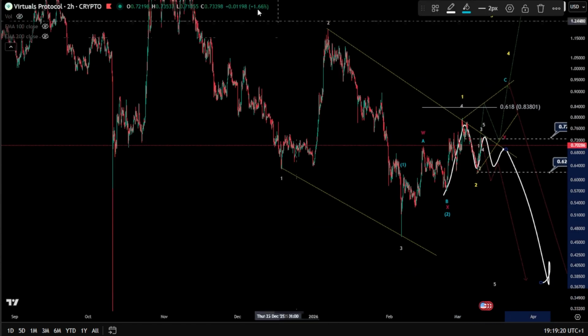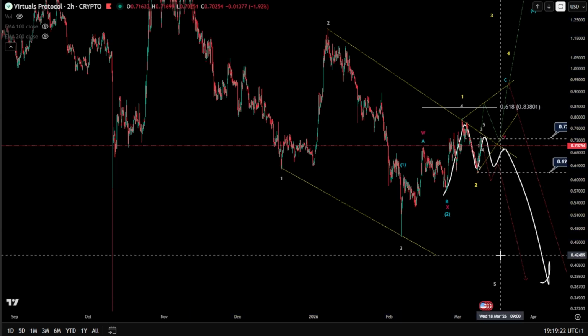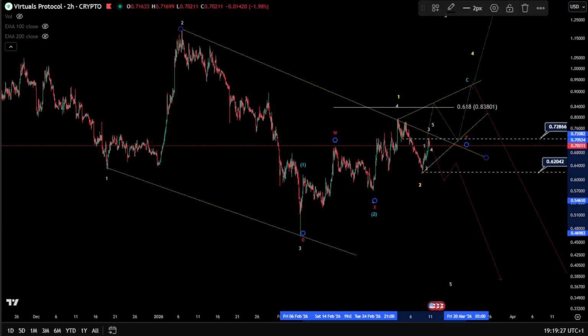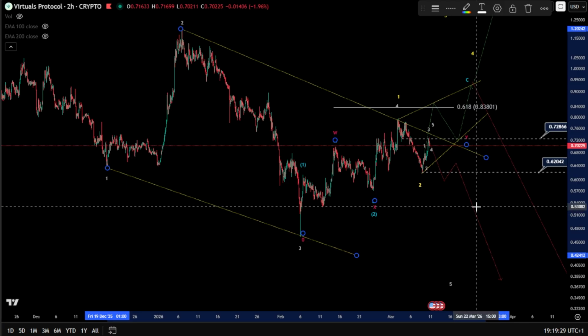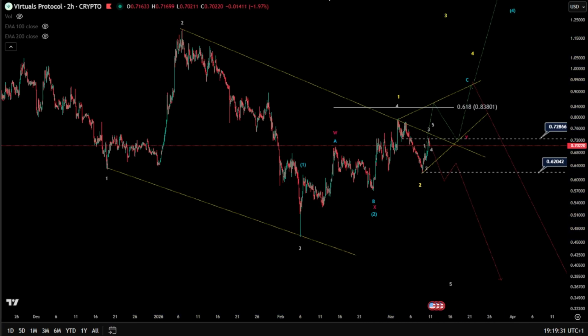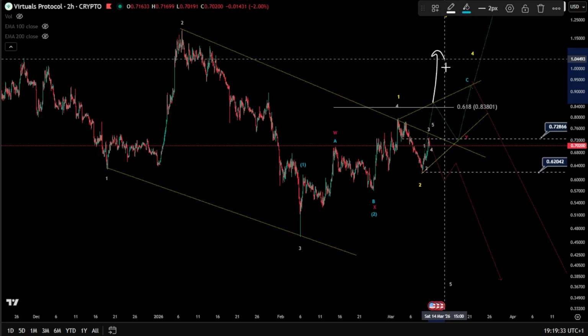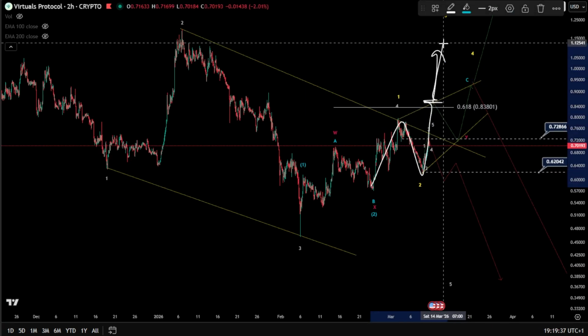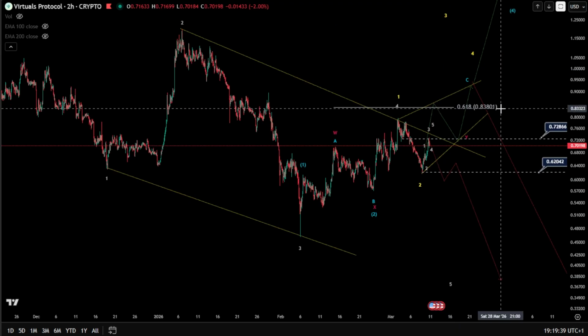And that means a 1, 2, 3, 4, 5 here as a diagonal. So Virtual is still a question mark. Now, a signal for bullish is breaking above this line, breaking above the 1-to-1 fib level here, and then pushing bullish in a wave 3.